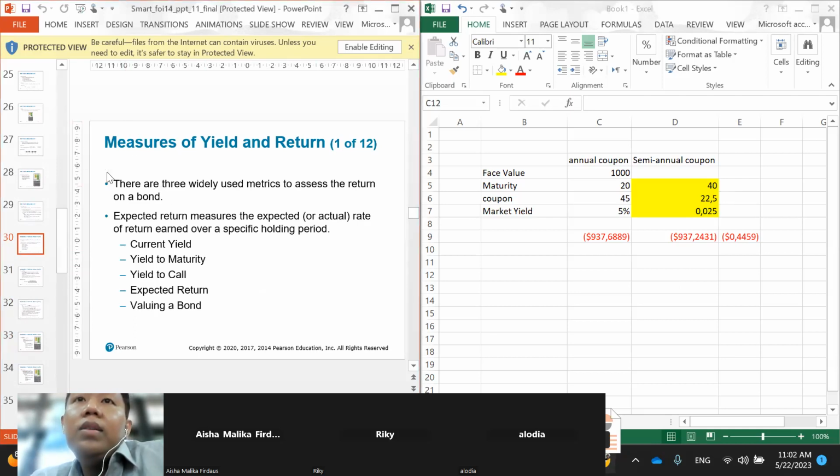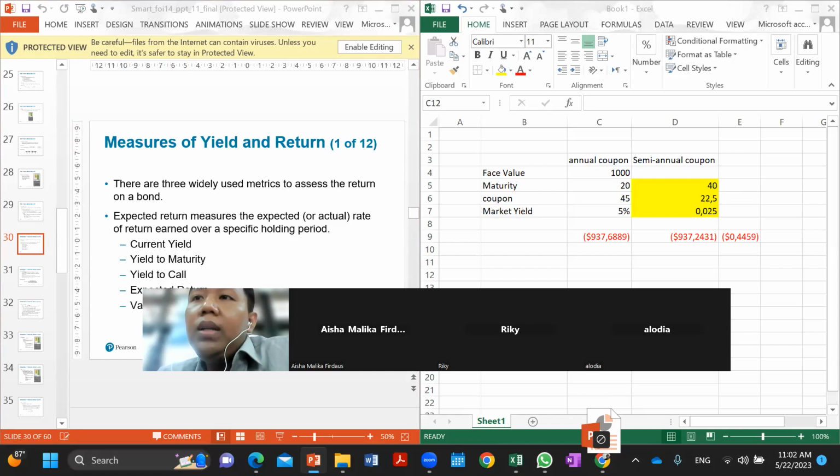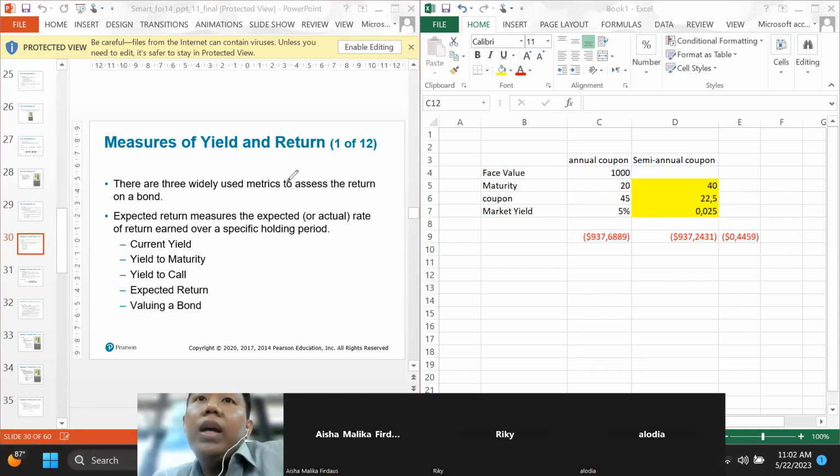Okay. So now we will learn about the bond's yield. What is the bond's yield? Bond yield means the performance of that bond. When we try to calculate the yield, it means that we are trying to assess the return on a bond.